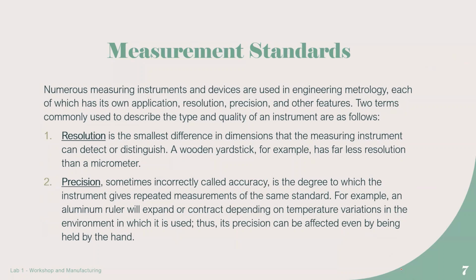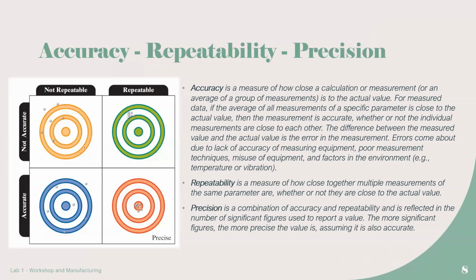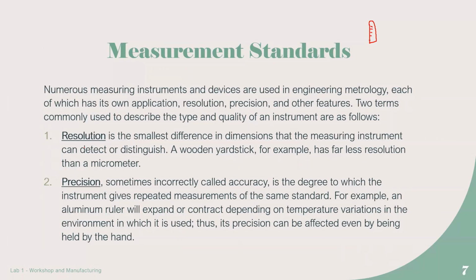Okay, now we have numerous measuring instruments. For example, we have rulers. We have micrometers, and those instruments have properties called, for example, resolution, precision, accuracy, and so on.